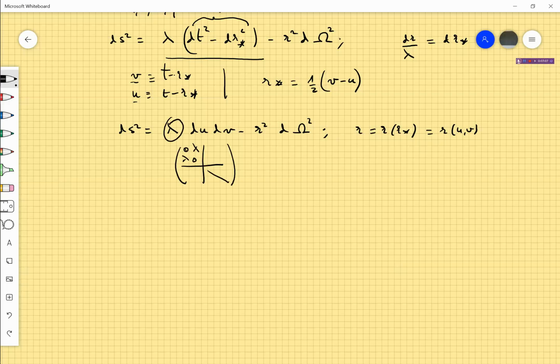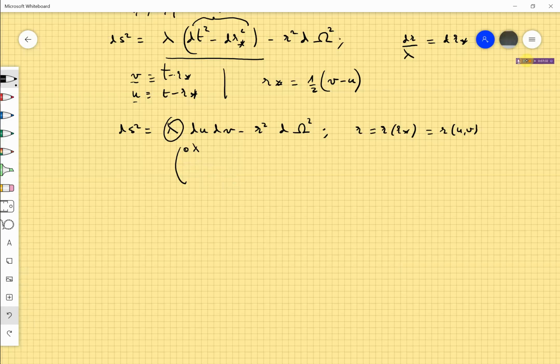If lambda vanishes, then the determinant vanishes, so the metric is still singular there. This is why, although we introduced u and v, we never used them together in order to construct a metric regular at the horizon. Still, using these two coordinates is useful to arrive at the Kruskal coordinates.